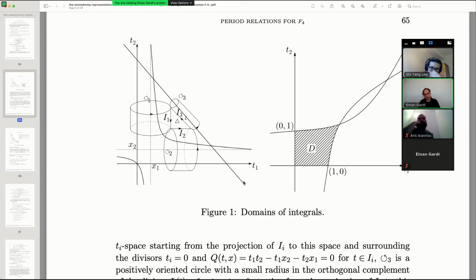So at least in principle, we understand what the integration region is. But we cannot write it as an integration region in the real T1, T2 plane.